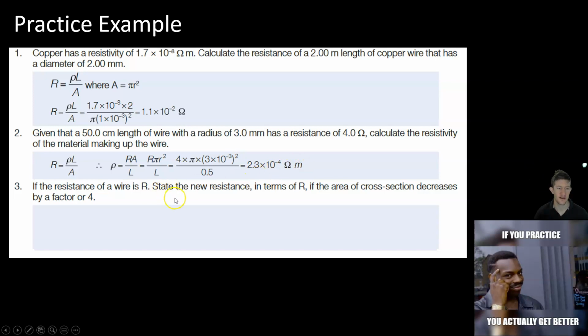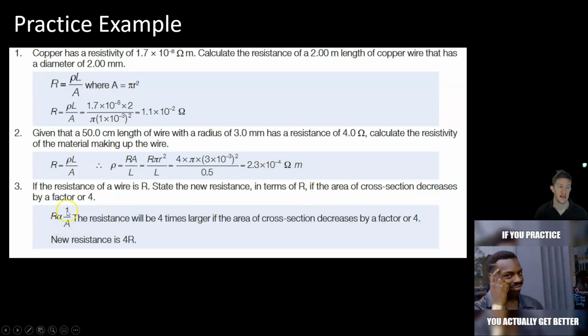If the resistance of a wire is R, state the new resistance. This was that proportionality that I was talking about. So here they wanted you to say that R is inversely proportional to A, or you could say it's directly proportional to 1 over A. The resistance will be 4 times larger if the cross-sectional area decreases by 4. If the cross-sectional area gets 4 times smaller, then the resistance gets bigger.